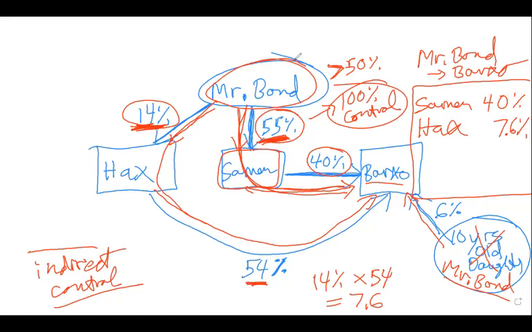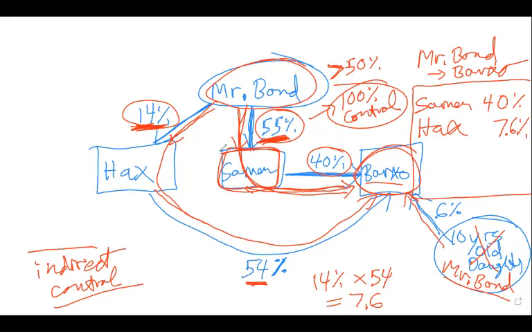So that's the objective here. In order to do that, we need to see what Mr. Bond's relationship is with these companies. We're going to start with the most complicated bit, which is what is Mr. Bond's relationship with Barkso? The reason why we're looking at this company is because we already know Mr. Bond controls Sarnen, that's no question.